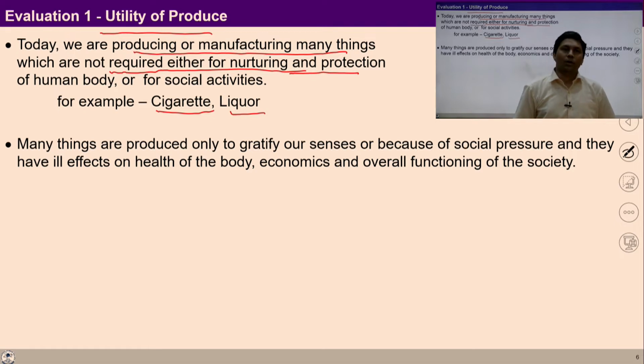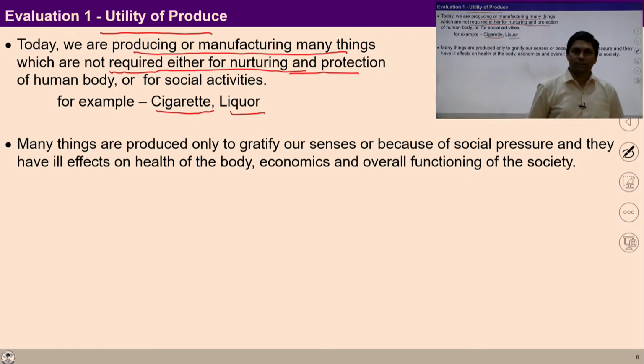If we are not clear about our need, if we don't have the feeling of prosperity, then we may start producing those things which actually harm the body of human beings and do damage in the society. Examples are cigarettes, liquor, tobacco, etc. So we have to evaluate all production processes in terms of utility of produce.